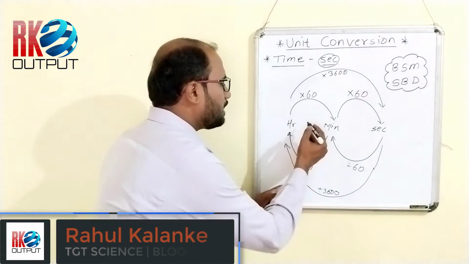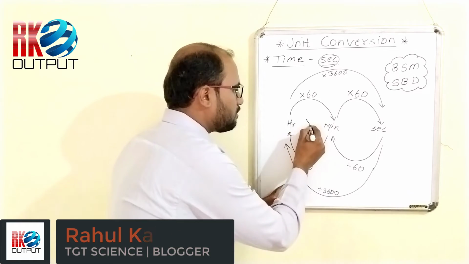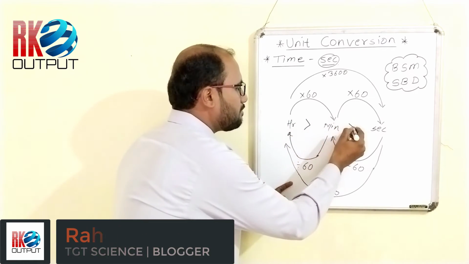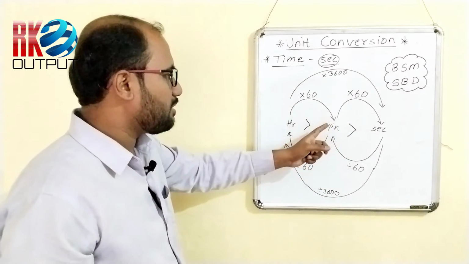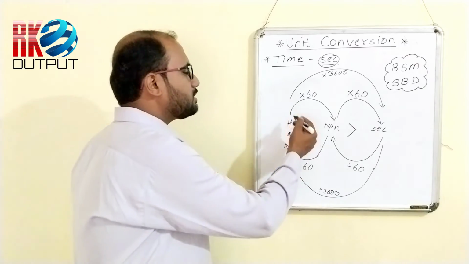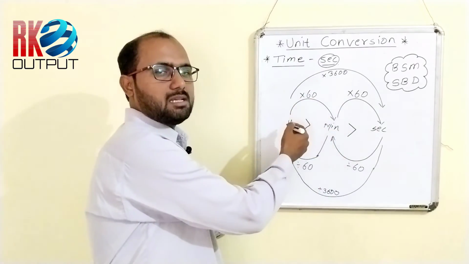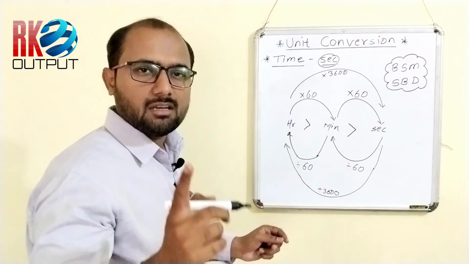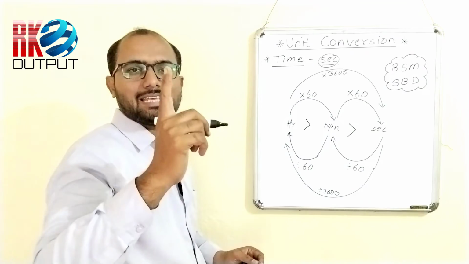The hour is bigger than the minute, and the minute is bigger than the second. The smallest is the second, then the minute, and the biggest is the hour. While converting from hour to minute, multiply by 60, because 1 hour is 60 minutes, and 1 minute is 60 seconds.